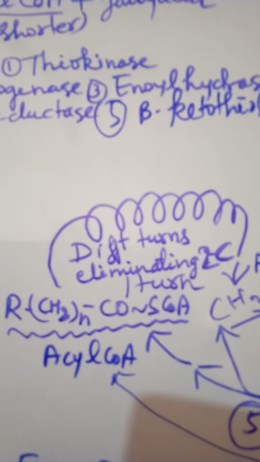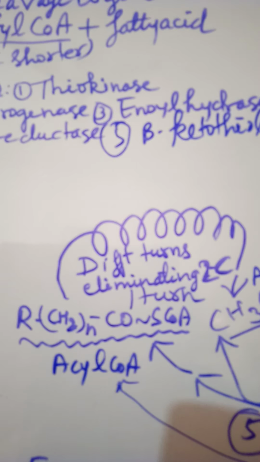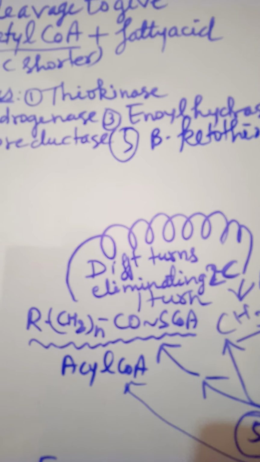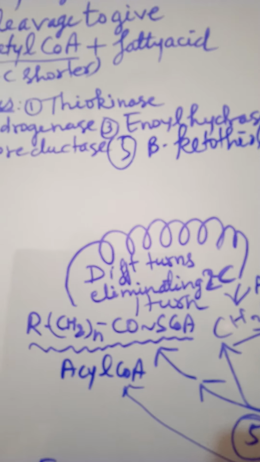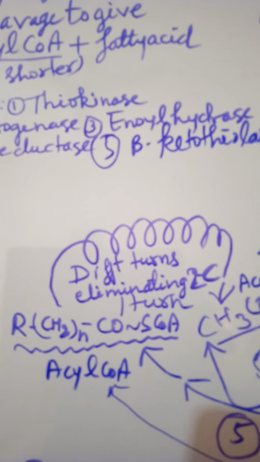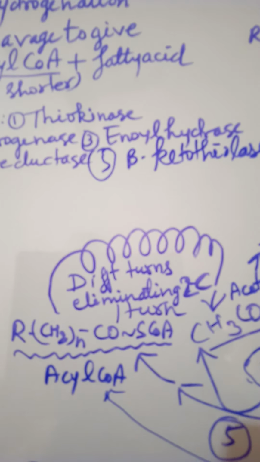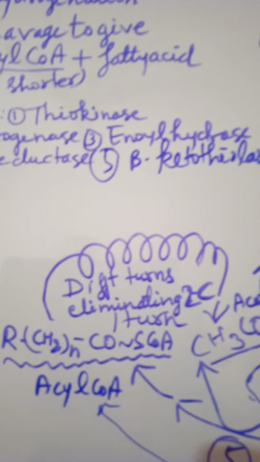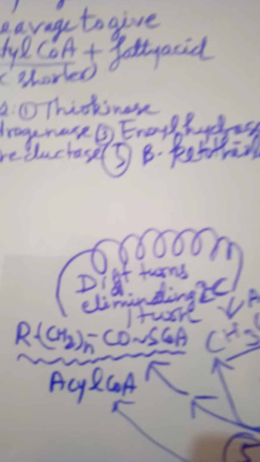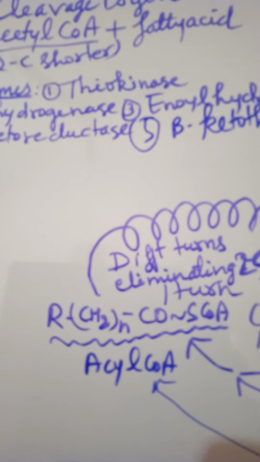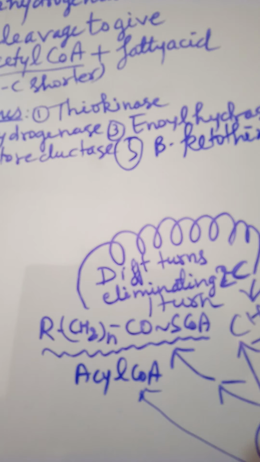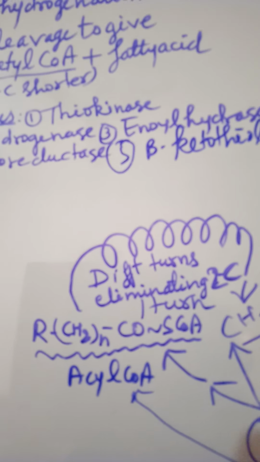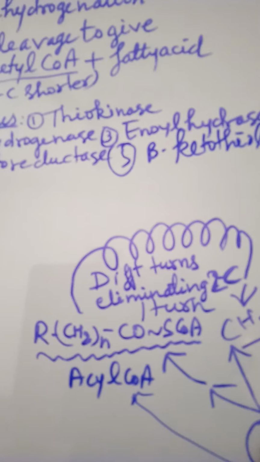This derivative again enters a new spiral, and these turns continue up to the conversion of the entire fatty acid into the acetyl coenzyme derivative, and after each spiral the new acyl coenzyme derivative will have a chain with 2 carbons less.